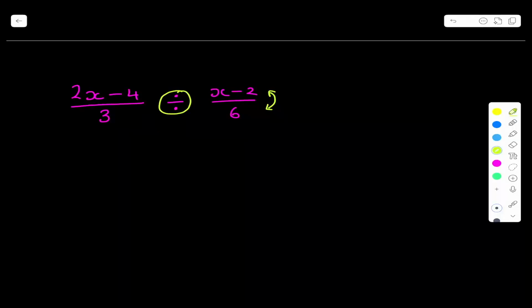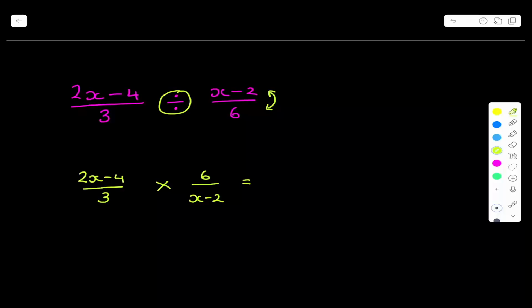So if you flip your second fraction, you can change that symbol to a times. So we're left with 2x minus 4 on 3. We're going to flip that second fraction around, so this is a times, and then this is now 6 on x minus 2.